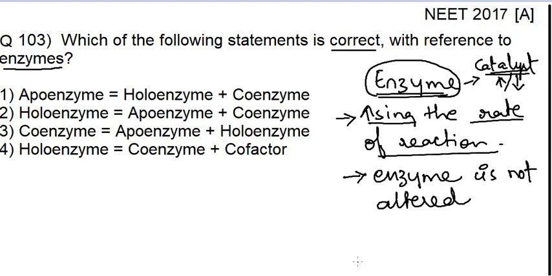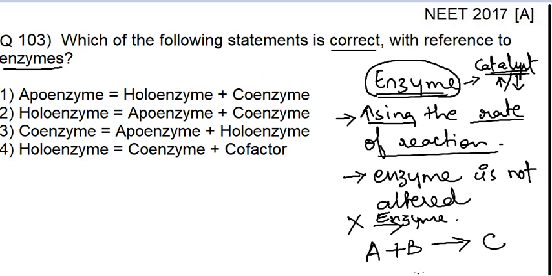For example, this is just a hypothetical example. Let's take X as an enzyme. X is necessary for a reaction like A plus B gives rise to C. Without X, this reaction is not possible.